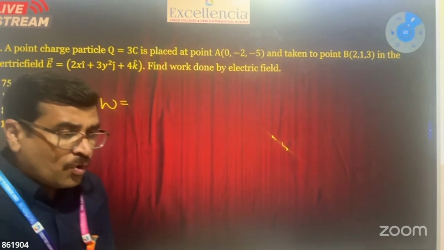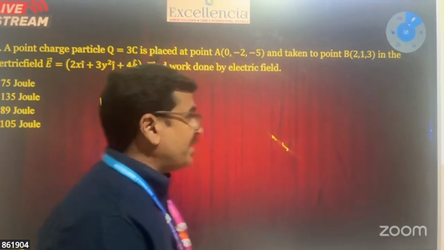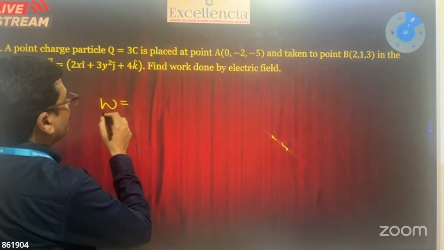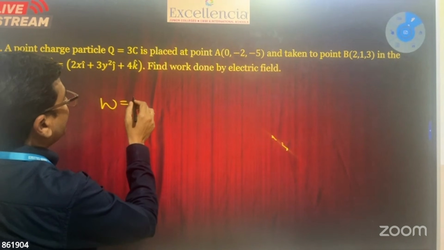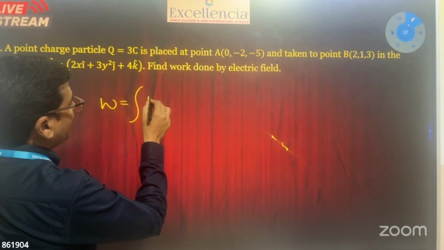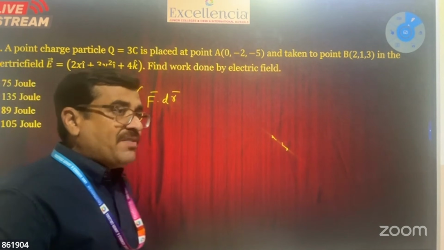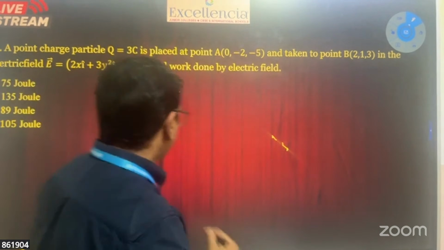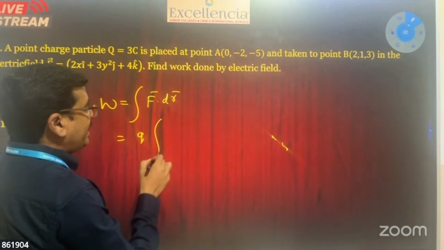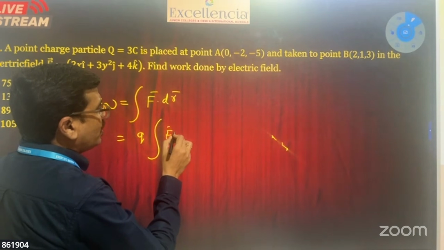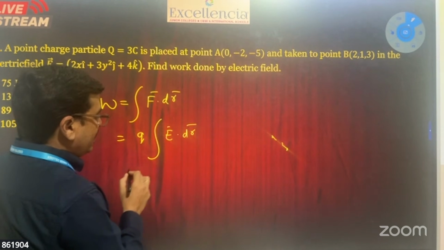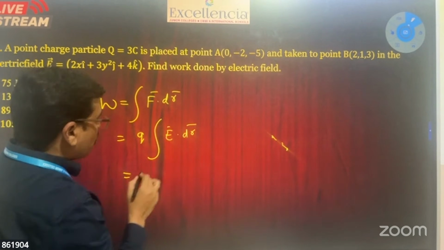But now here the force on the charged particle when it is in the electric field is QE. So therefore we can write the total work as the integration of F bar dot dr bar, wherein F bar can be given as Q into E bar. So with charge Q out, the integration of E bar dot dr bar, where the charge here is 3 coulombs.